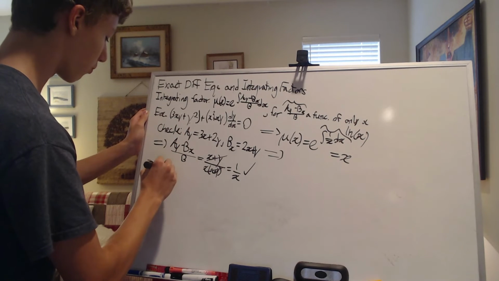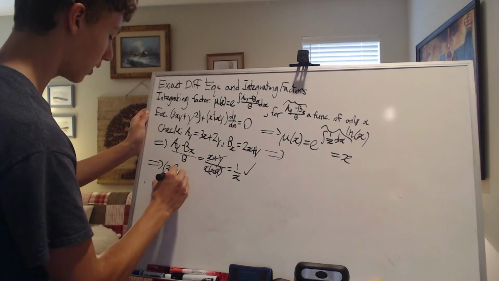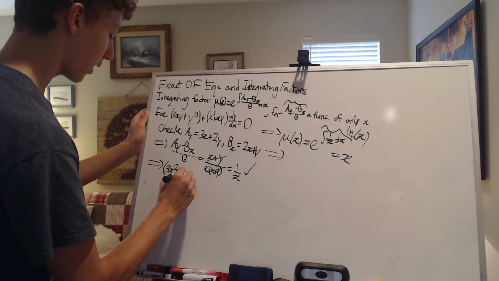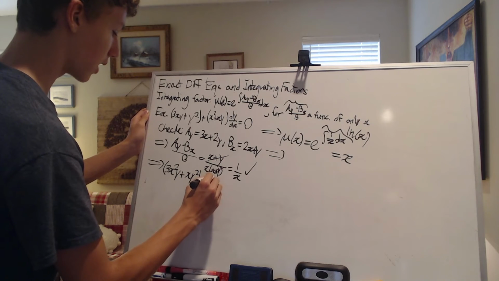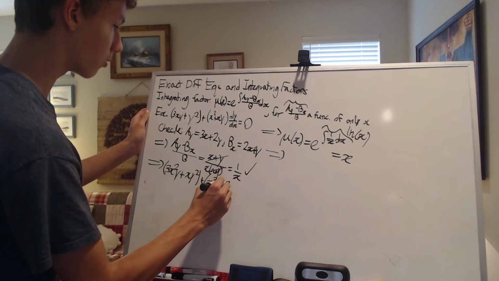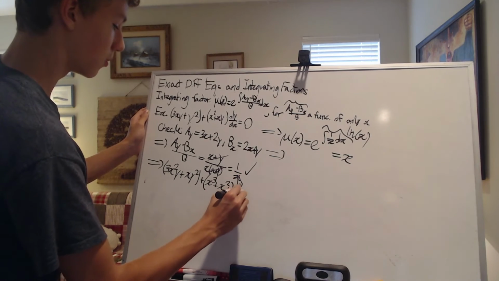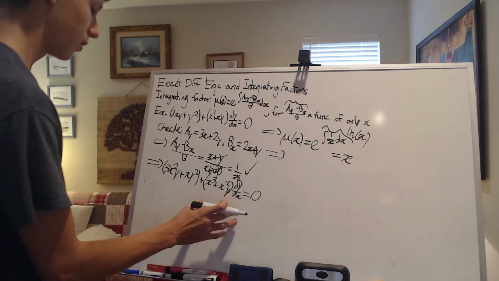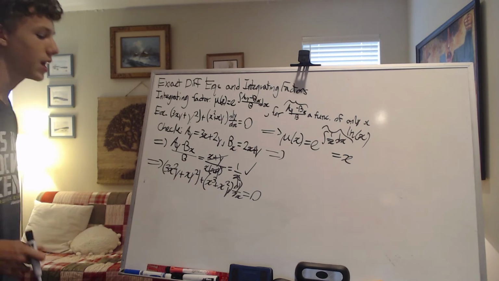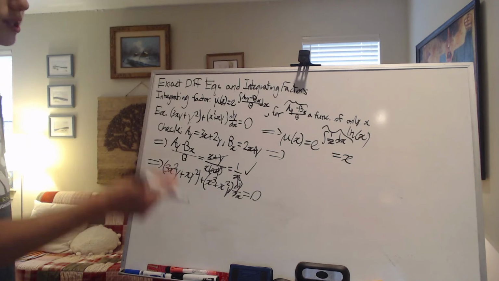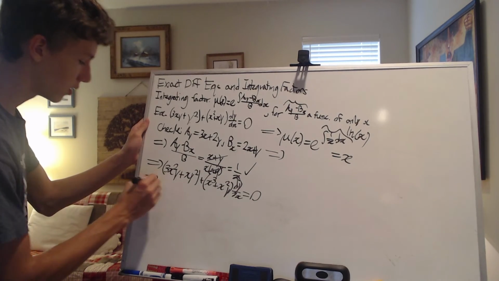So I'll rewrite our a's and b's. 3x squared y plus x y squared plus x cubed plus x squared y. So I kind of just distributed everything. Equals 0. And so you should probably check that this is indeed exact, but by our construction this has to be exact if we did all our calculations correctly. So I'll let you check that.